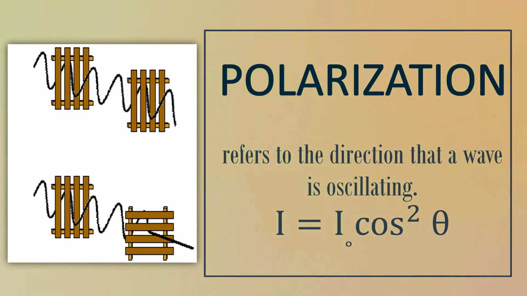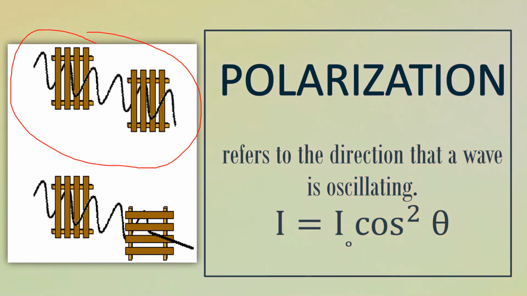In the first case, the wave goes freely through because the spaces between the rails are parallel to the axis of polarization of the string. So the rails are parallel to the axis of polarization.